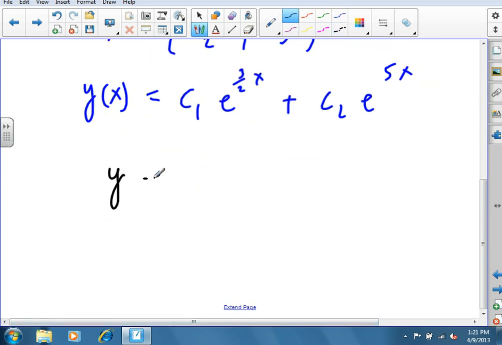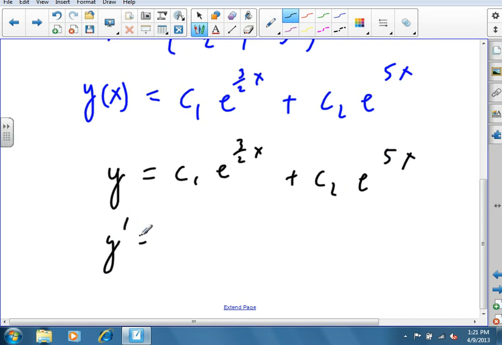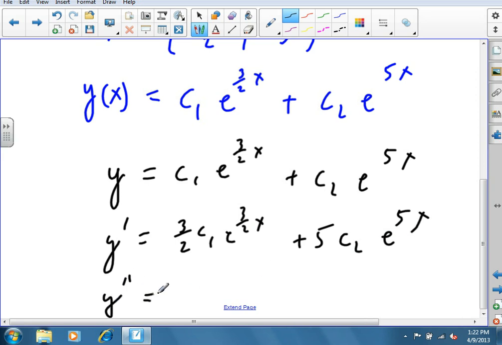I'm going to check my work. If this is so, then y prime would be 3 over 2 c1 e to the 3 over 2 x plus 5 c2 e to the 5x, and y double prime would be 9 over 4 c1 e to the 3 over 2 x plus 25 c2 e to the 5x.